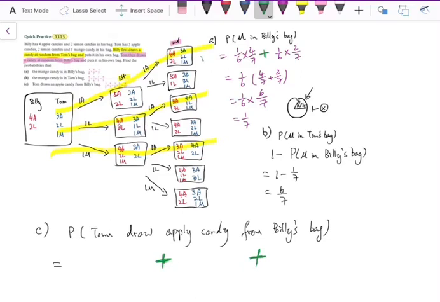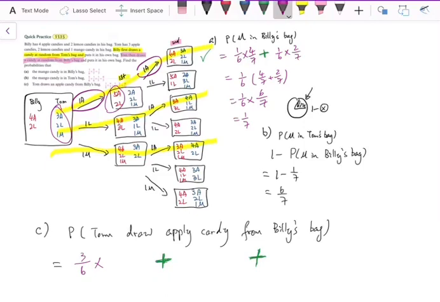Now we need to find out their probabilities one by one. Let's take a look at case 1 first. If Tom draws the apple from Billy, the first step is Billy needs to draw the apple from Tom's bag, so we write down 3 out of 6. Billy draws the candy first.